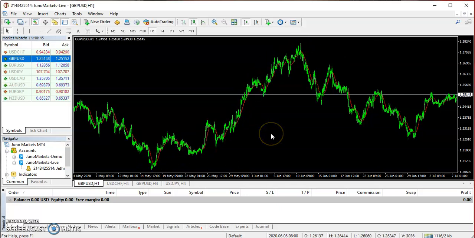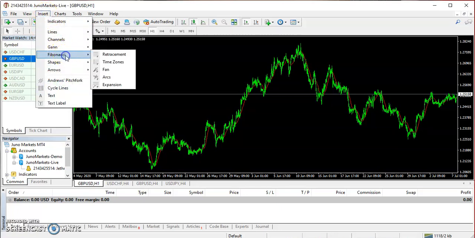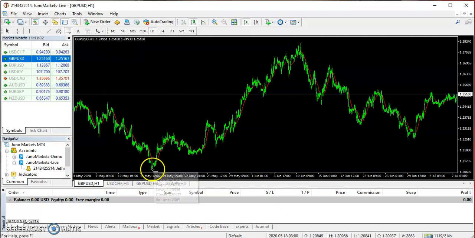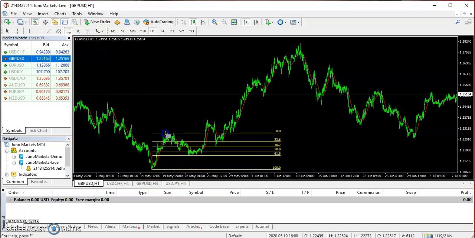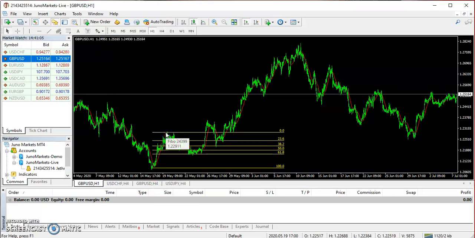So we're not going to use the Fibonacci first to find out the retracement from here to here. Against wave 1, we're going to look at the retracement. That would be 61.